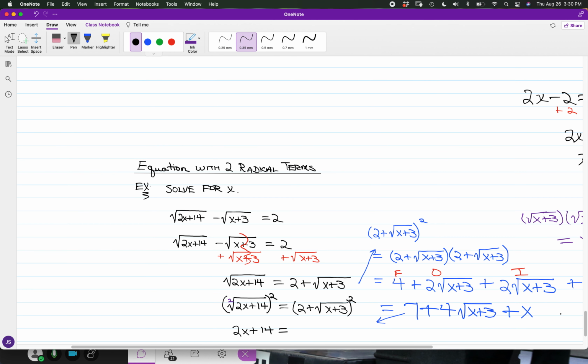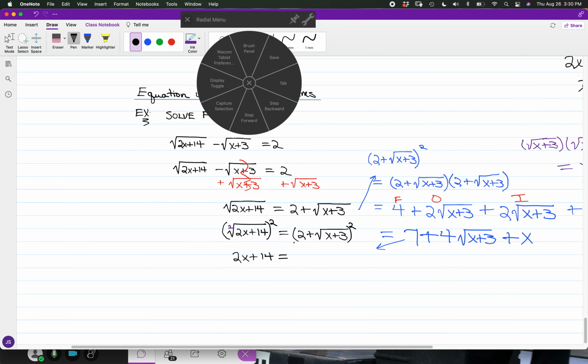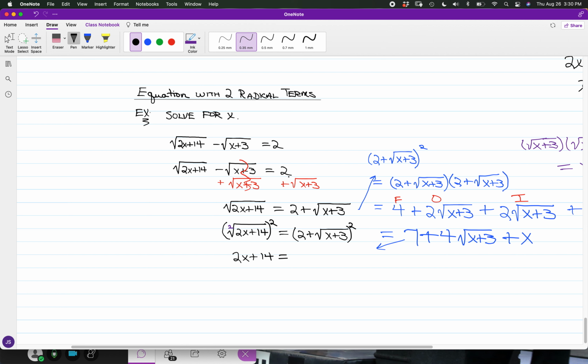So just going back to our equation, we got 7 plus 4 times the square root of x plus 3 plus x. Notice you still have a radical with the square root of x plus 3.